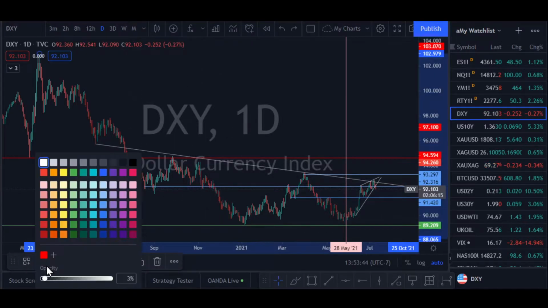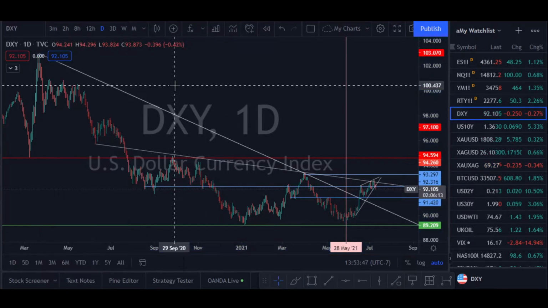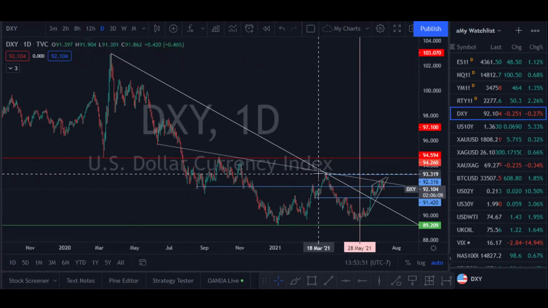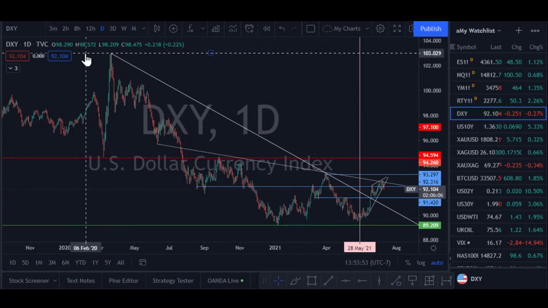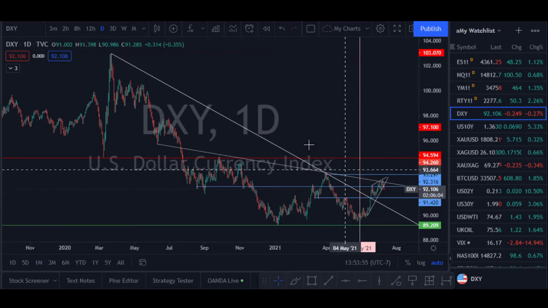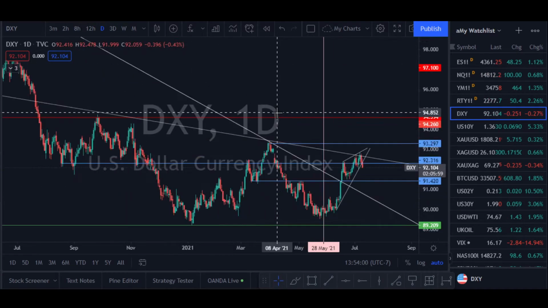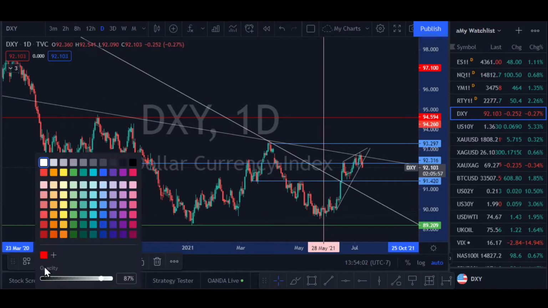Now I'll darken this for you for a second, just so you could see. This is a trend line that I was watching. Basically when we hit that swing high in late March, I took a line and drew it down here. What I've been doing a lot lately is trying to utilize momentum lines.